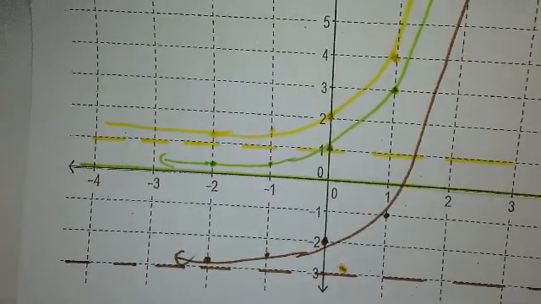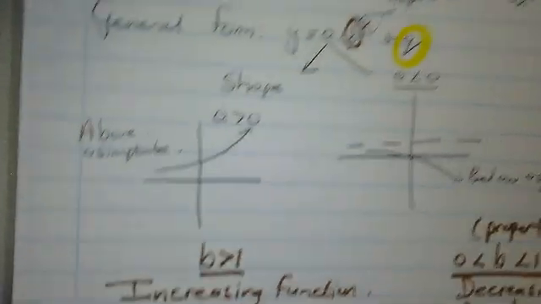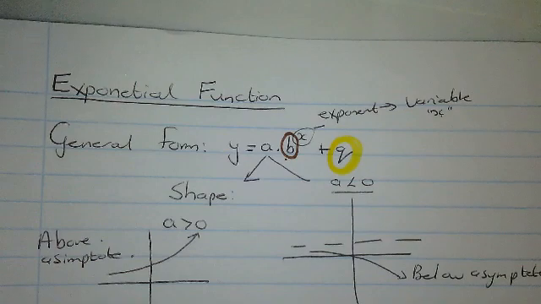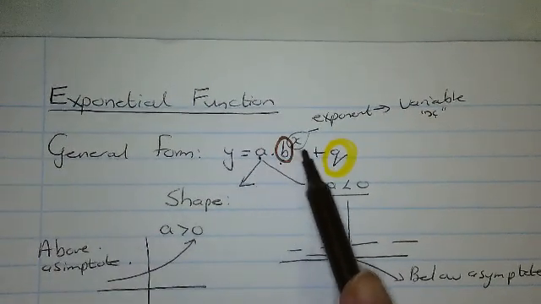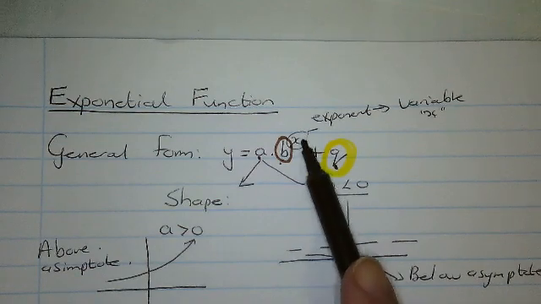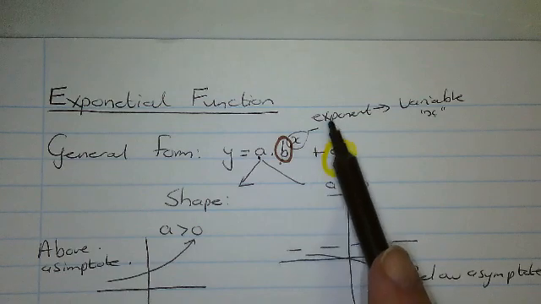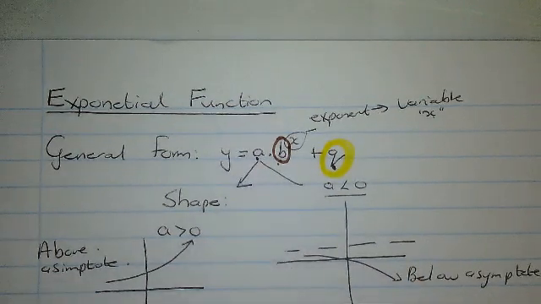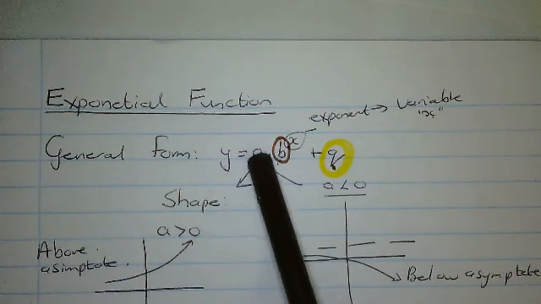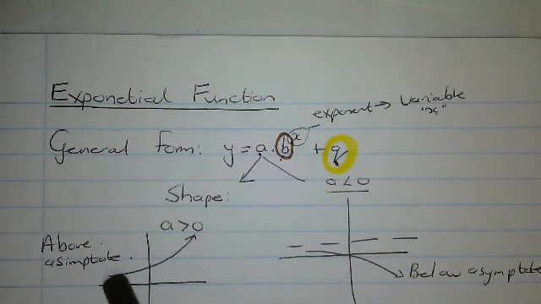Okay, just to summarize the exponential graph then, if you look at your exponential graph, the general form is then a b to the x plus q. So why is it exponential? Because the variable x is in the exponent. The a, like the previous graphs, indicating the shape. So if the a is a positive number, your graph will be above your asymptote.